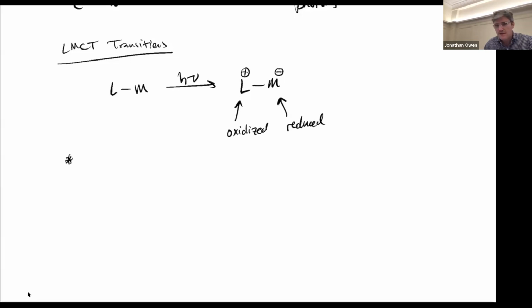So if this process is easy, the photon energy required to make it happen is small. So metals that are oxidizing are more easily reduced.